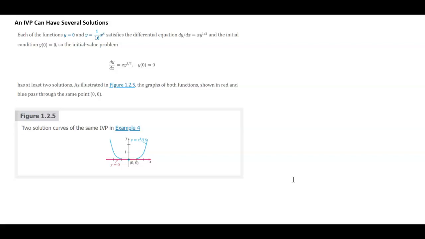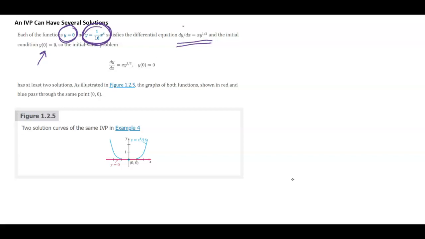It is a little bit tricky for some solution curves because you can verify that both y equals 0 and y equals 1/16 x to the 4th both satisfy this differential equation under this initial condition.